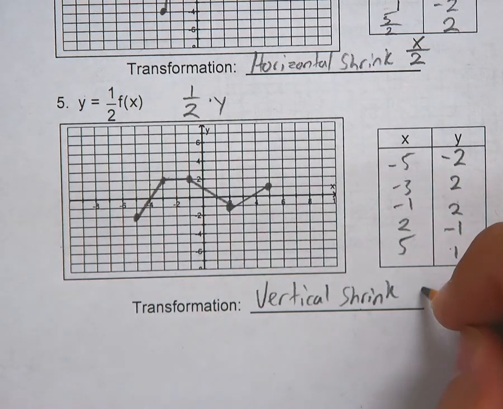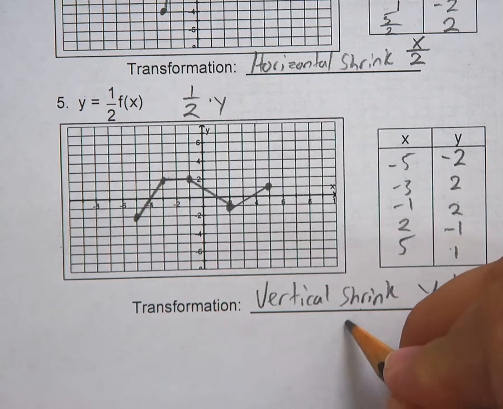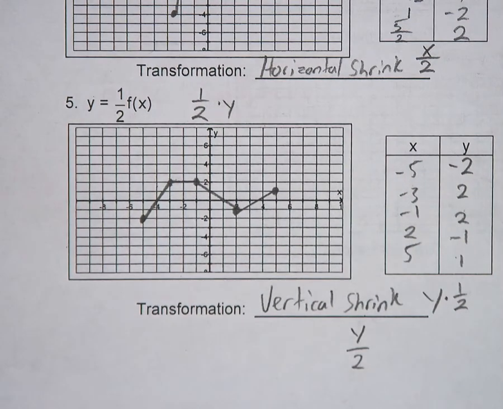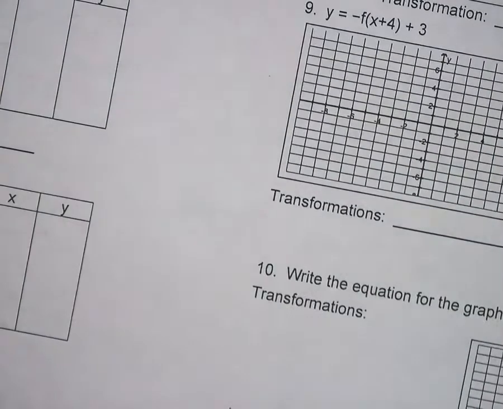And we're taking y times 1/2, or you can think of it as y divided by 2, right? Taking y and dividing by 2. Okay, so vertical shrink, horizontal shrink, vertical stretch, so on and so on.